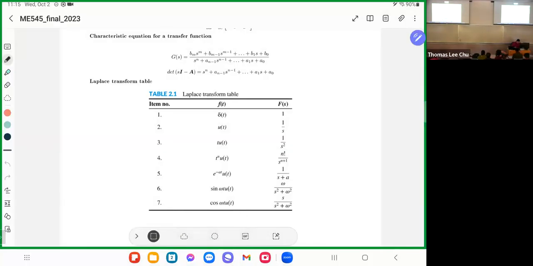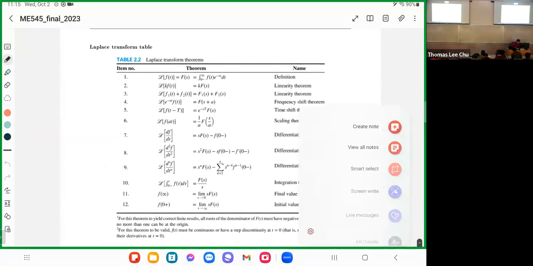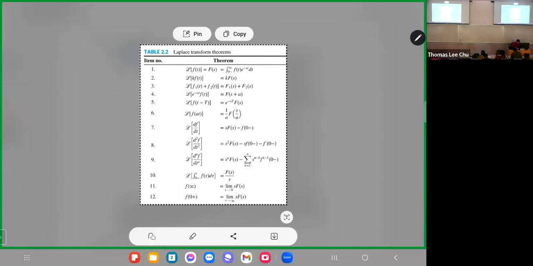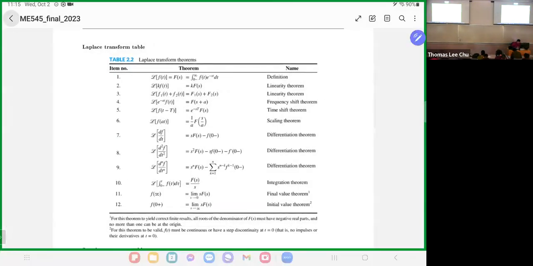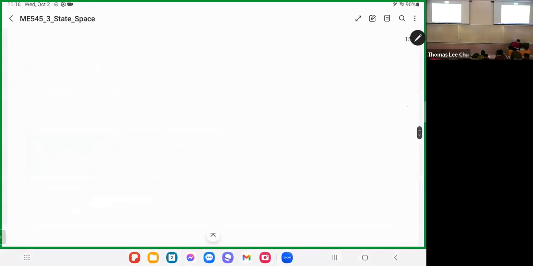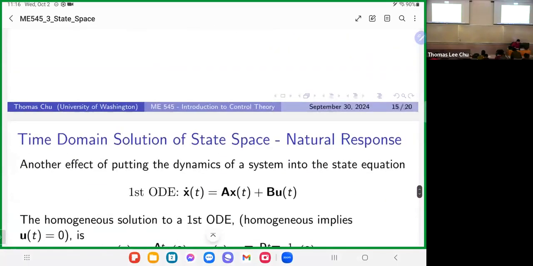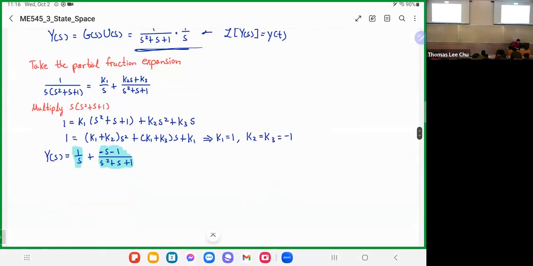So this problem requires both tables. Oh, we got so much left. Wow. Okay.